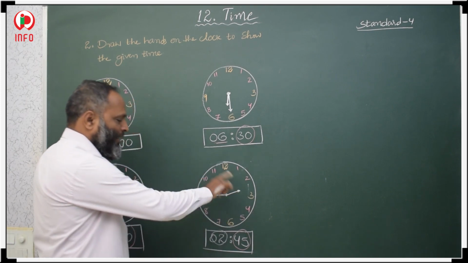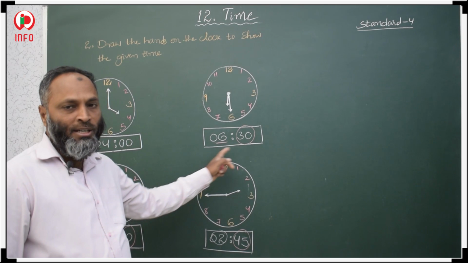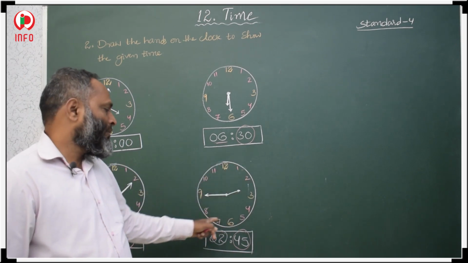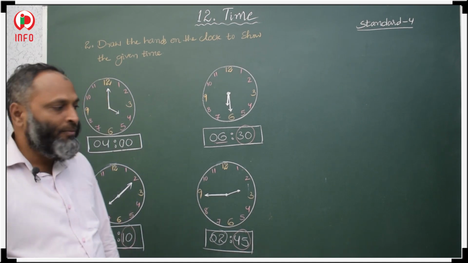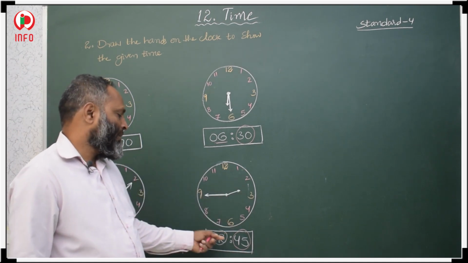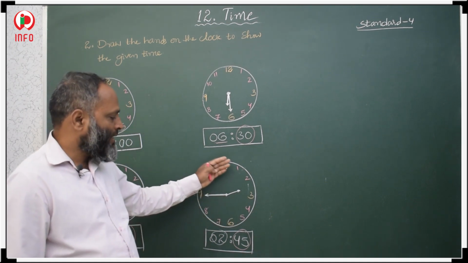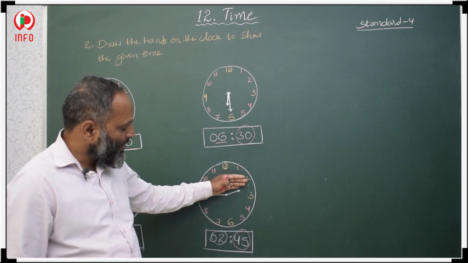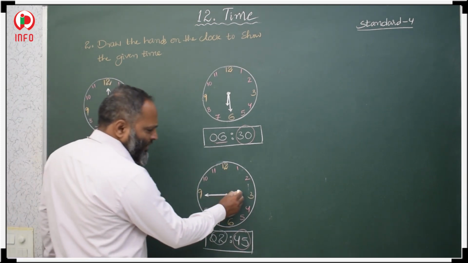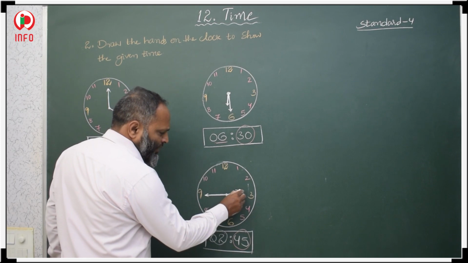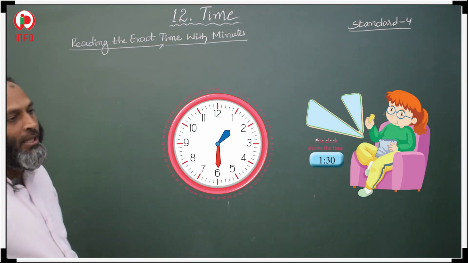Why? The minute hand completes 3/4 of the rotation, so the hours hand is also nearly at 3. It is not exactly on 2. So this represents 2:45.